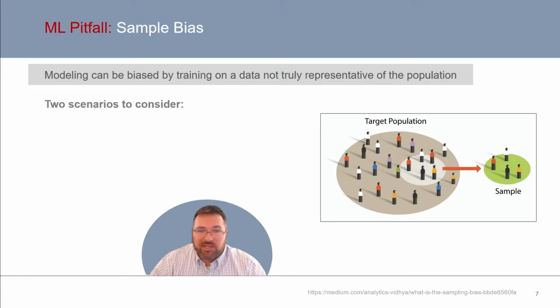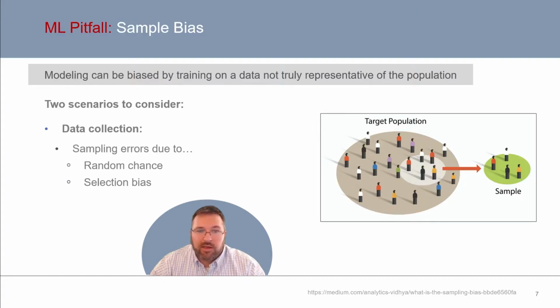Here, we're going to consider two specific scenarios in which sample bias can impact our machine learning analysis. The first occurs during data collection. In this scenario, as we sample from the population, we might be selecting a less representative set of instances, either due to random chance, which is largely unavoidable, or also perhaps due to some form of selection bias.